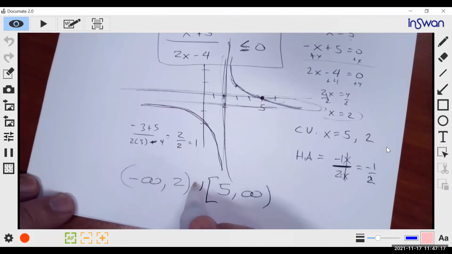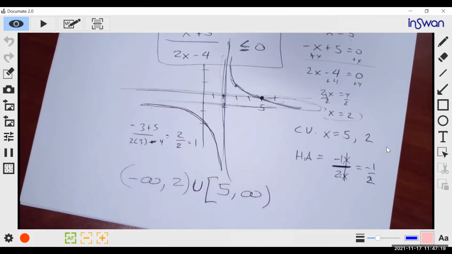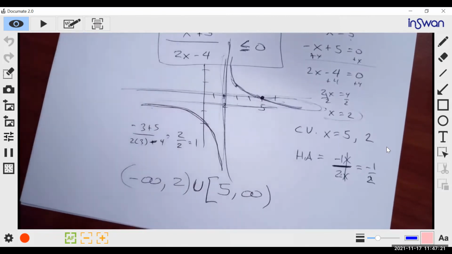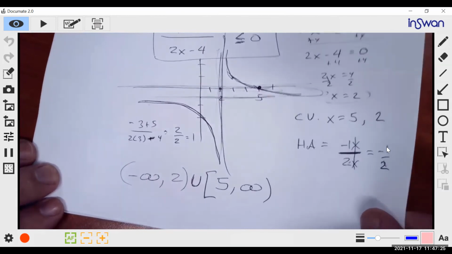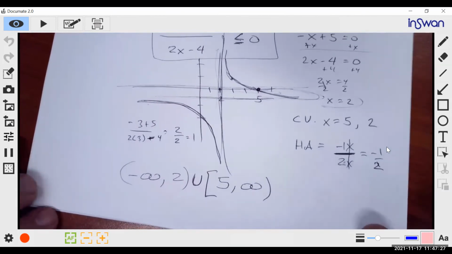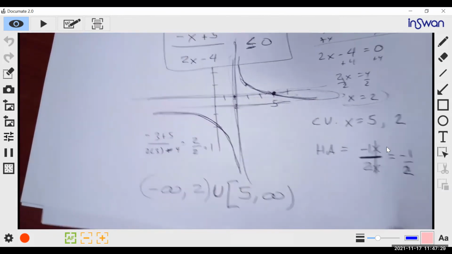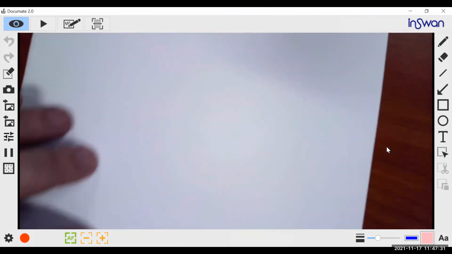And it's a union between there. Making sense? It'll be a video, so we'll watch it later on.